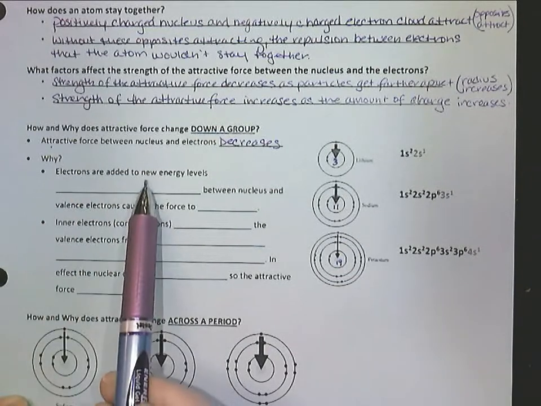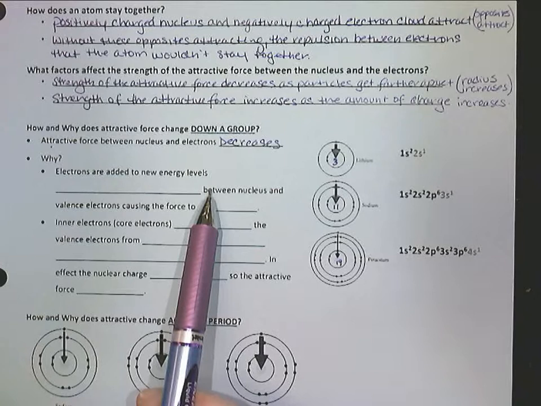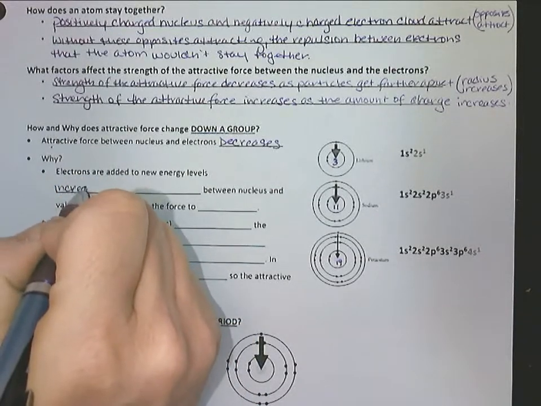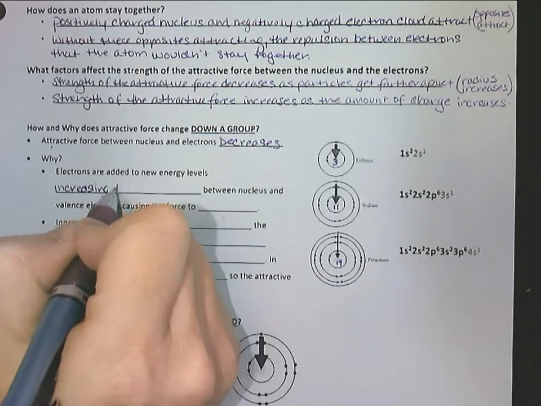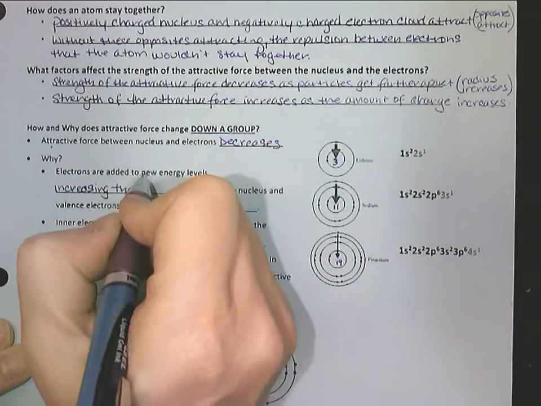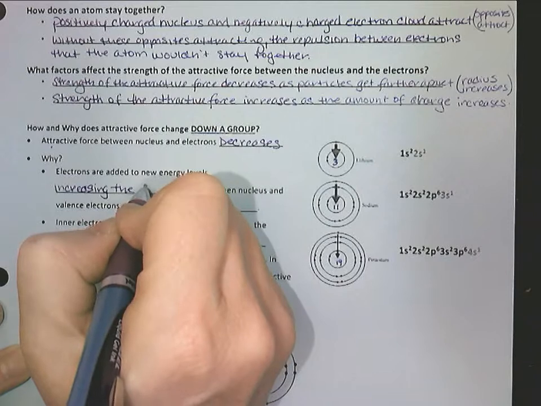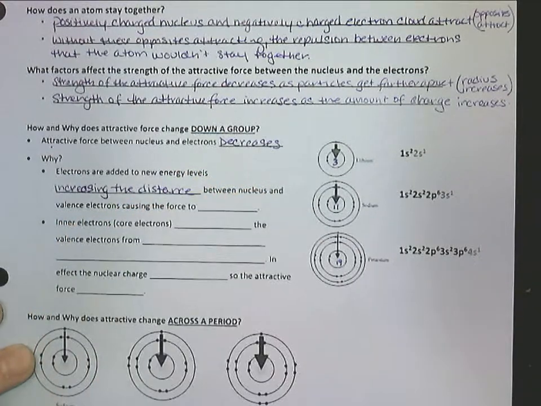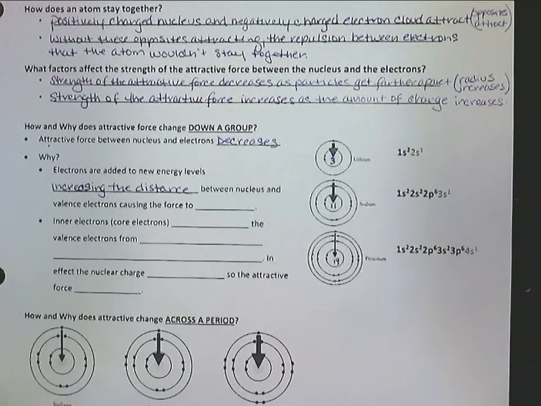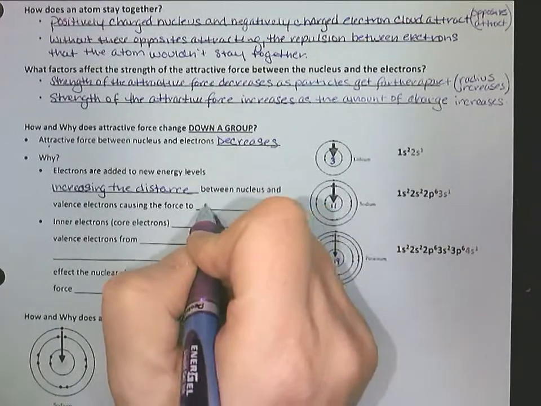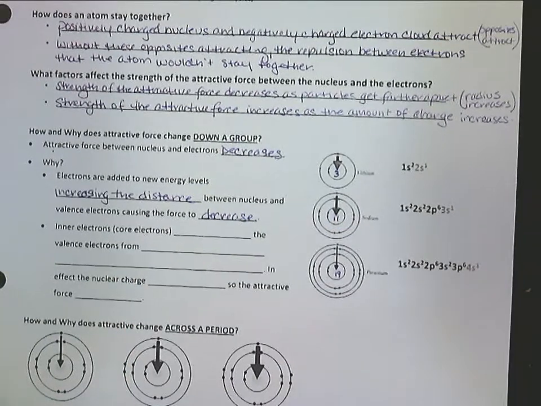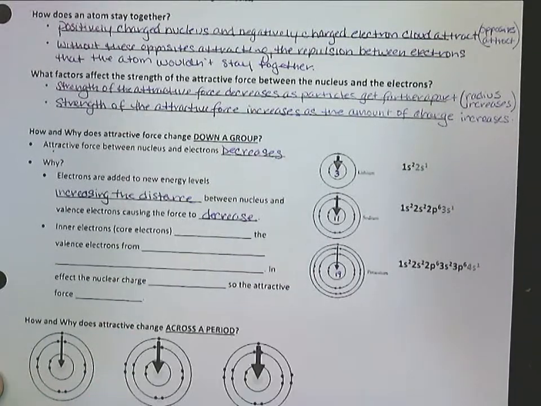So electrons are added to new energy levels, increasing the distance between the nucleus and valence electrons, causing the force to decrease. So increase distance, decrease force.